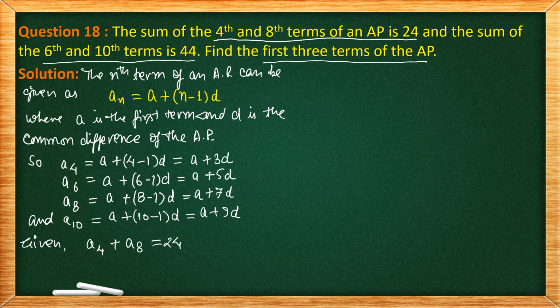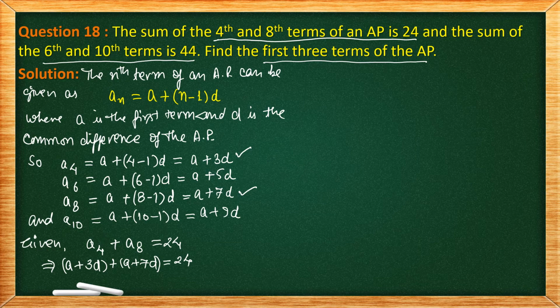This is the first condition, which implies that we can substitute the values of A4 and A8 in this equation. So we have A plus 3D plus A plus 7D is equal to 24.